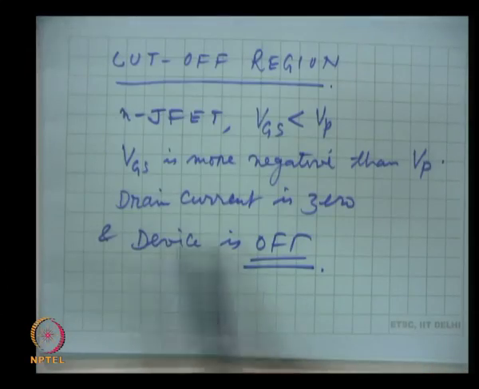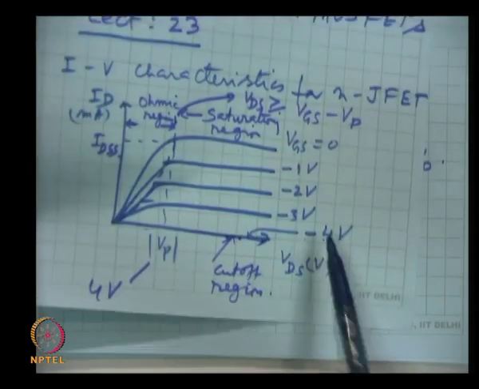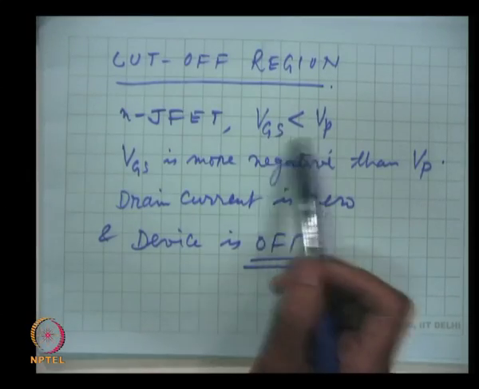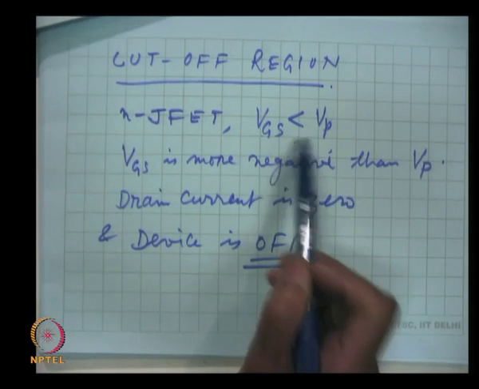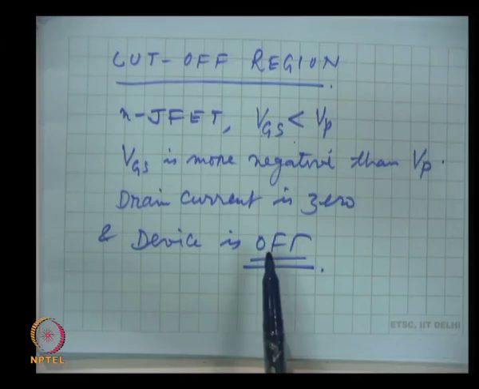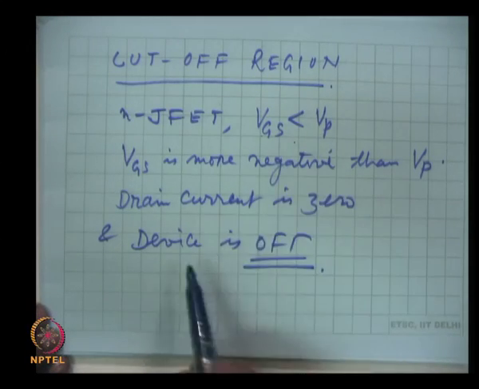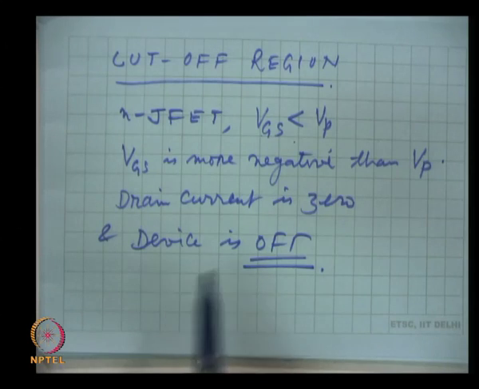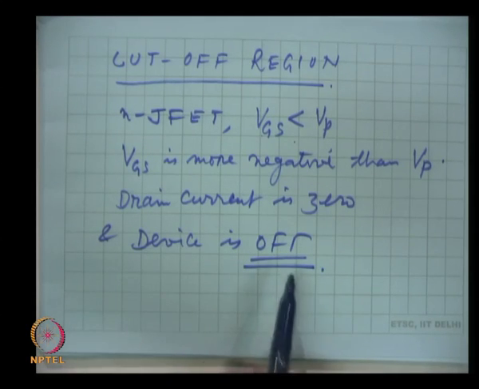And we say that for the cutoff region, VGS has to be less than Vp, that means more negative than Vp, so that will put the device into off.